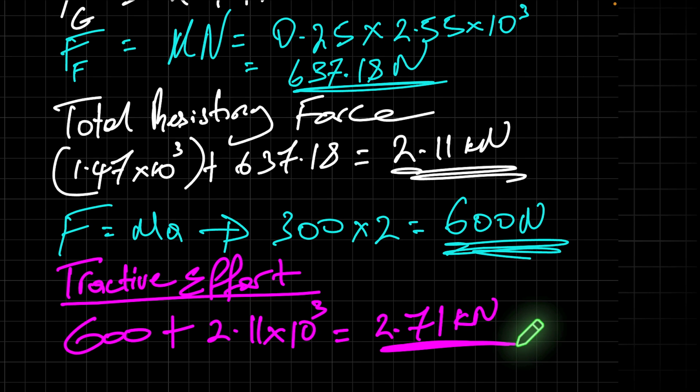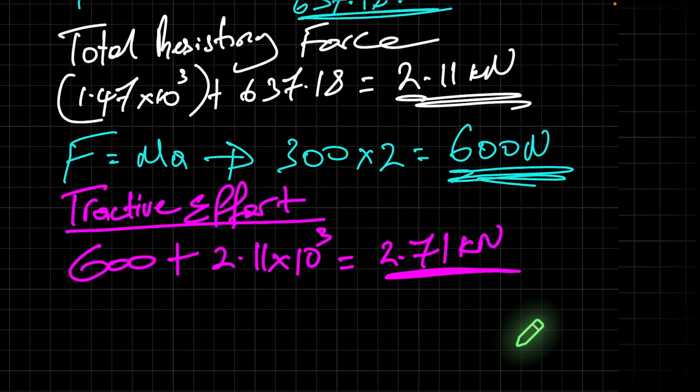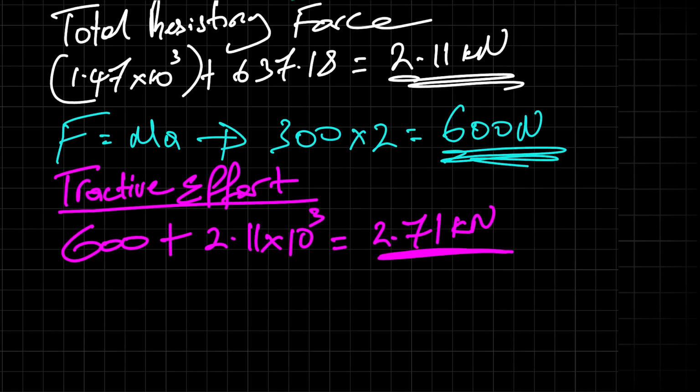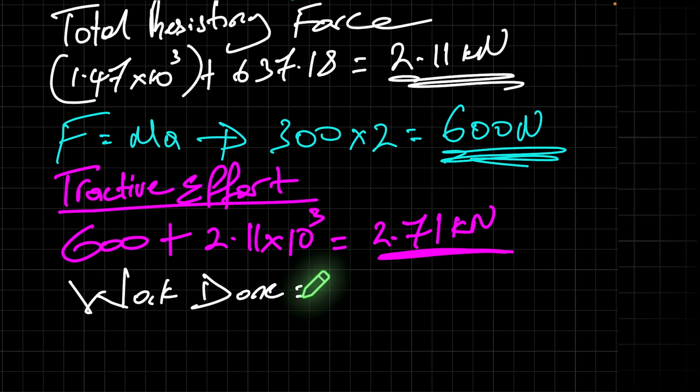Now let's see what happens with its work done, and we're talking about mechanical work done, so that will include some form of displacement. So everything will just fall in line now. The work done in this case is our force multiplied by displacement, because we have several variations of work done. This time around, we're taking the force and the displacement into consideration. So the force is the tractive effort.